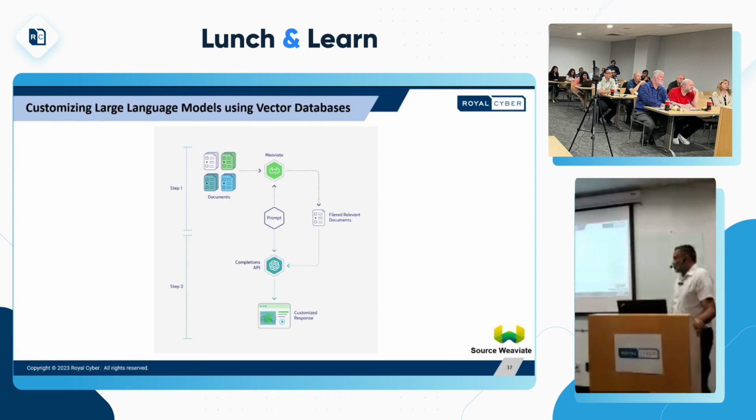Okay, coming back to our main thing. Now we know what a vector database is, and we know large language models. So how do we make them work together?